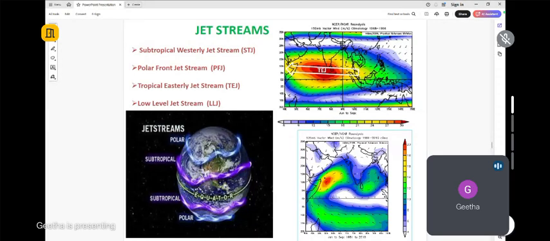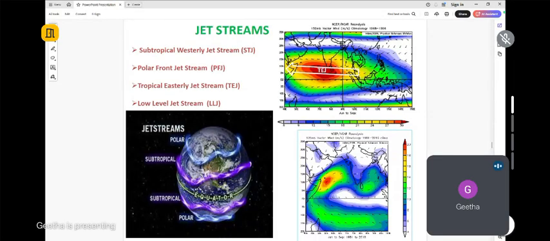And in addition to that, we also discussed two jet streams, if you can recall, when we discussed the monsoon season. One is the tropical easterly jet. I think I was mentioning this yesterday also. That is a jet stream seen over the Indian Ocean region from Vietnam to the African coast across the Indian region.